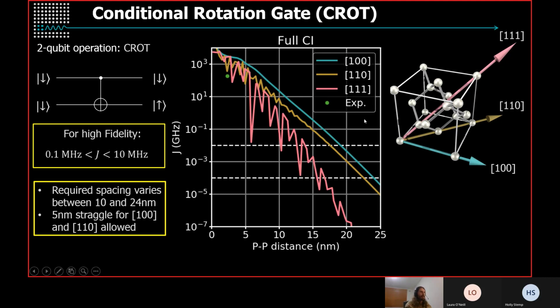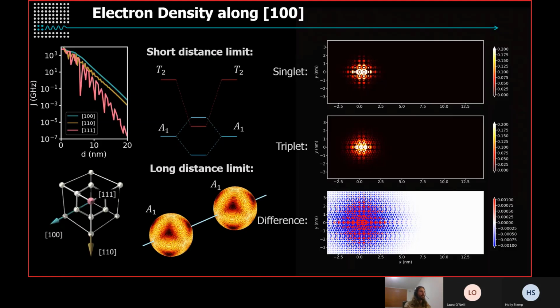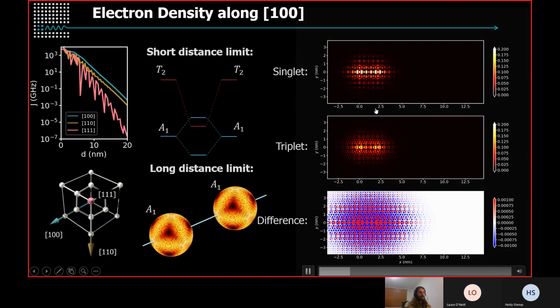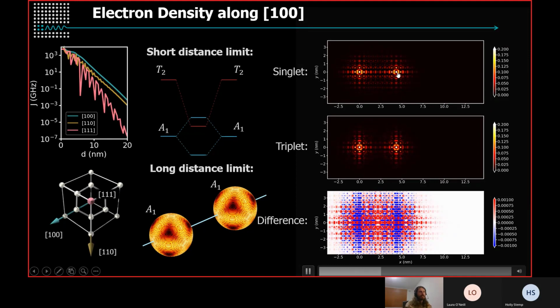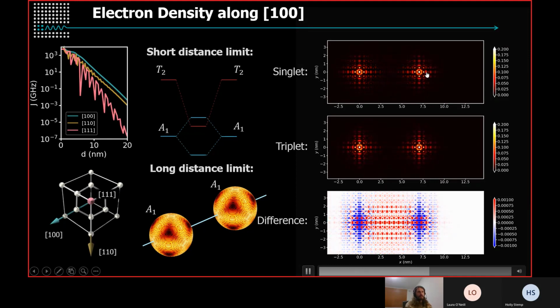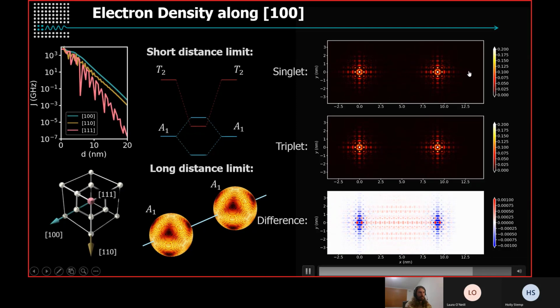And to understand this better, I plotted the electron wave functions for you. So here is the ground state, the singlet, the first excited state, the triplet, and here at the bottom is their difference, which in the end causes the exchange interaction. And here you can see how they change as the second donor is moved away from the first.